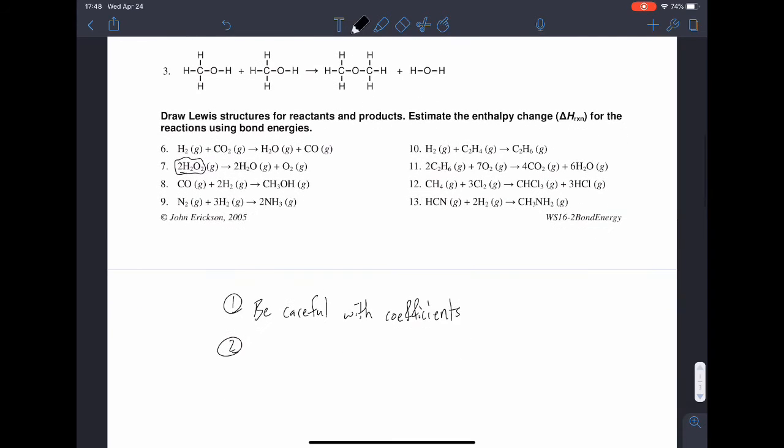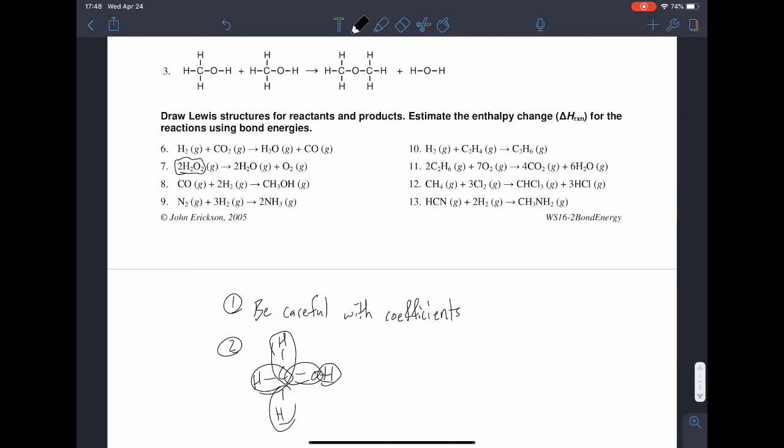So here, when we have more complex structures, I'll use methanol as an example. C and OH, right? So there are 3 carbon to hydrogen bonds here, 1 carbon to oxygen bond, and 1 oxygen to hydrogen bond here.